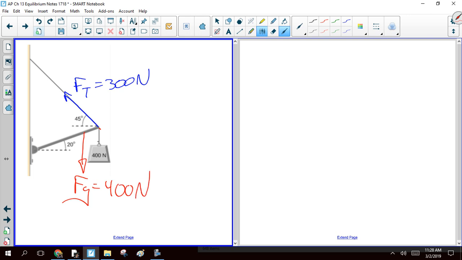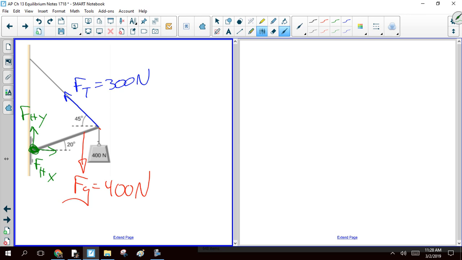All right. And then this hinge is actually providing some forces, right? It's got to be holding it up. So the force of the hinge vertically, and since the tension is pulling to the left, the hinge has to be pulling to the right, or pushing to the right, I guess it would be, right? Okay, so those all have to add up to 0, okay?